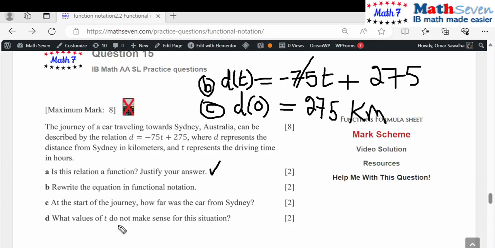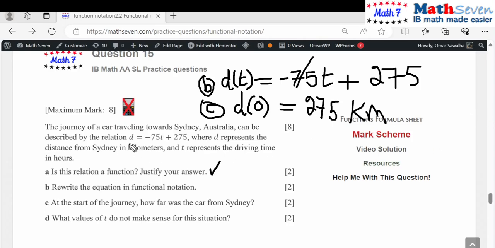Okay, now for part C: what values of t do not make sense in this situation? Well, the values of t that do not make sense are when the time gets so big that the distance becomes negative, because we are talking about distance, not displacement.